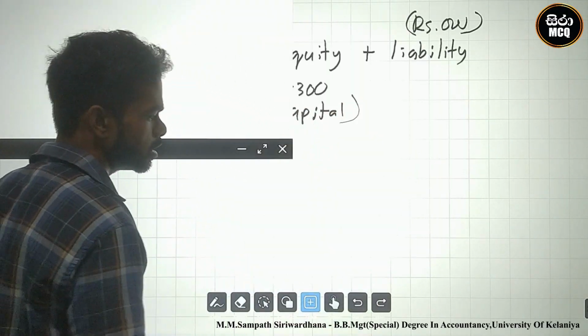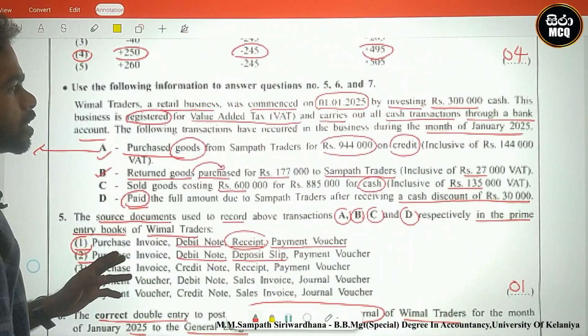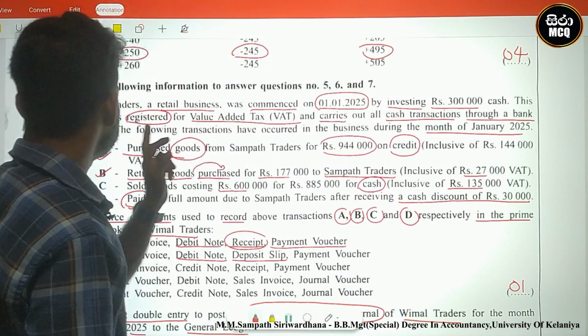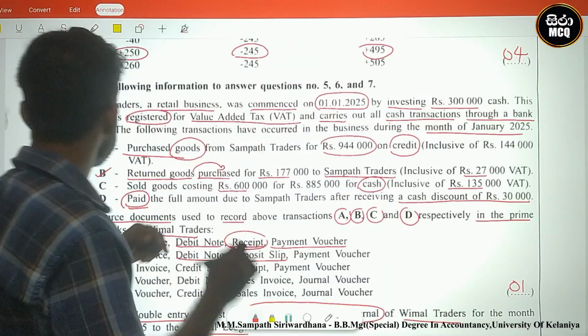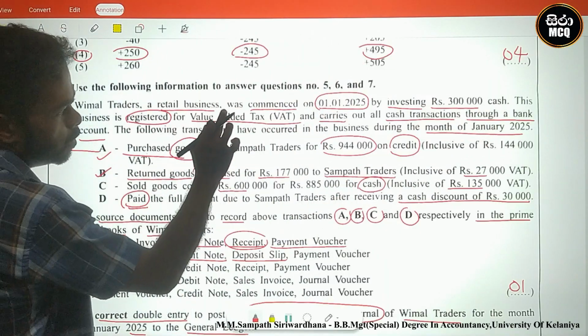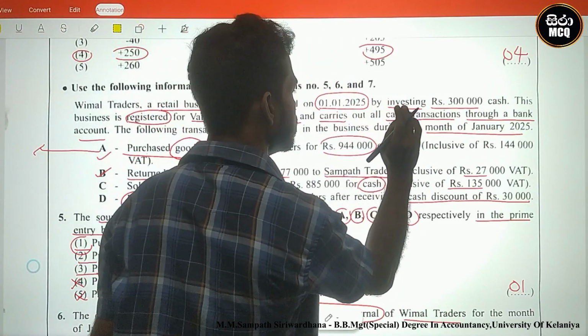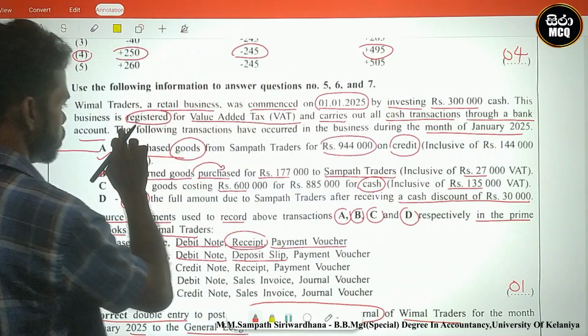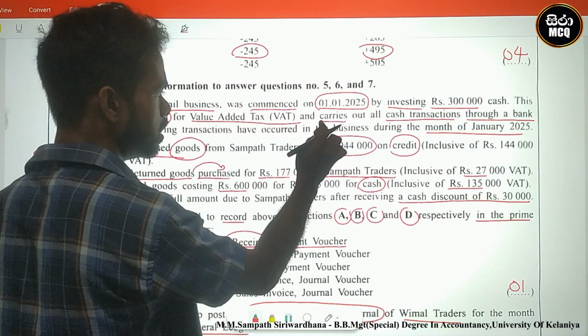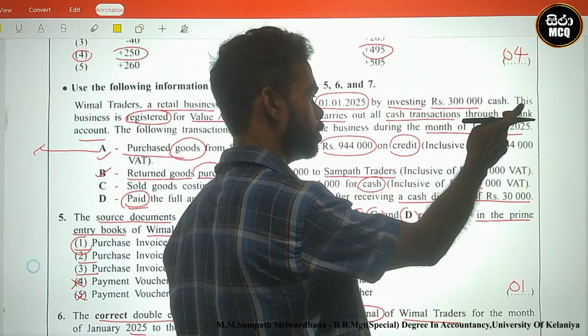What is the other transaction? This business is registered for value added tax and carried out all cash transactions through the bank account. The following transactions have occurred in the business during the month of January 2025.